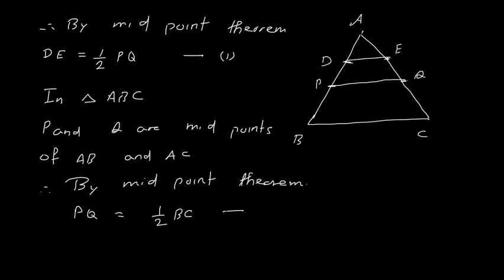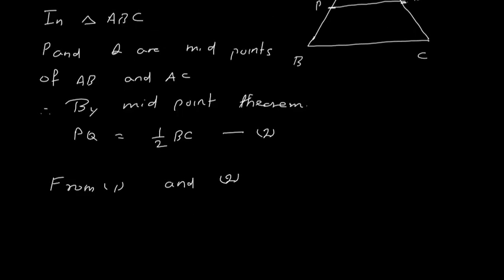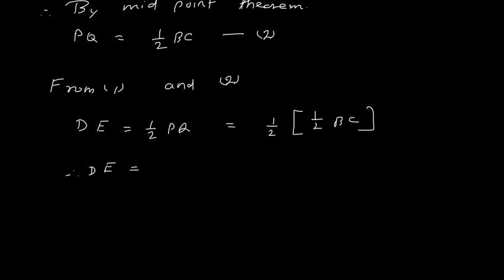This we will take as equation 2. So from 1 and 2, DE is half of PQ, and PQ is half of BC. So therefore, DE will become 1 upon 4 BC. Hence proved.